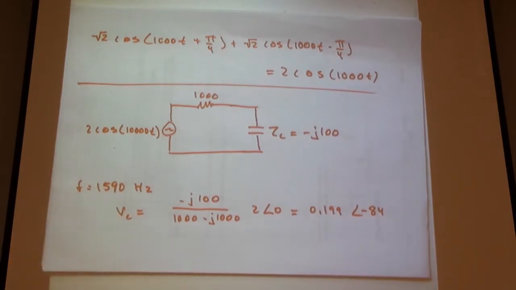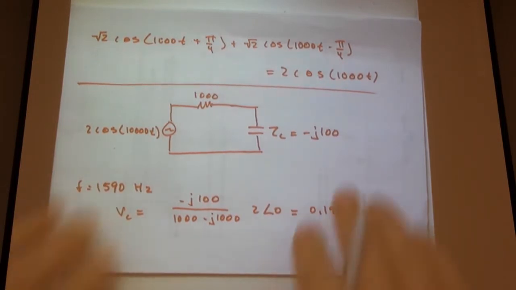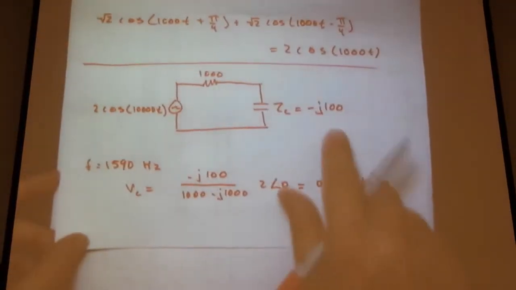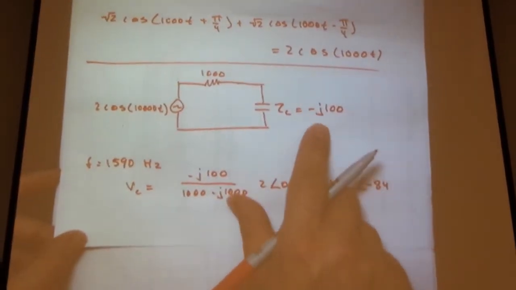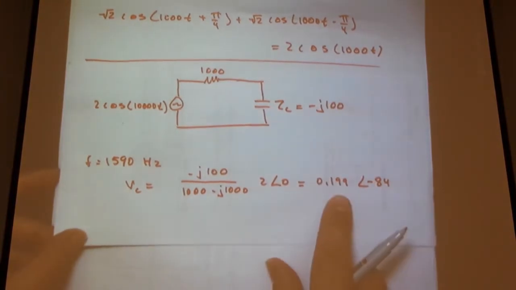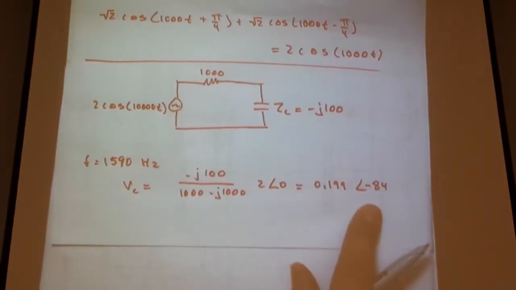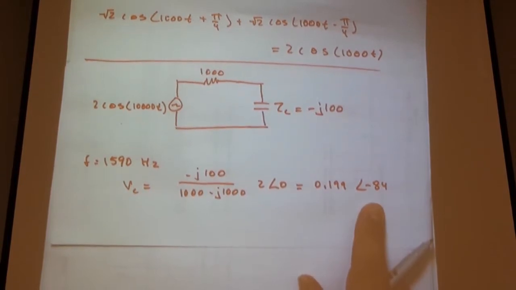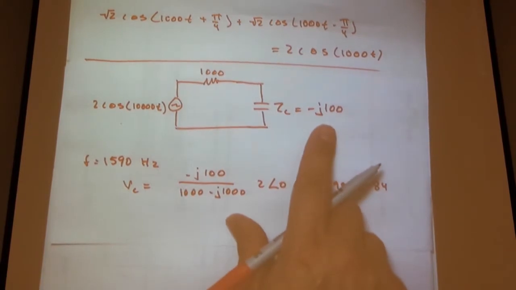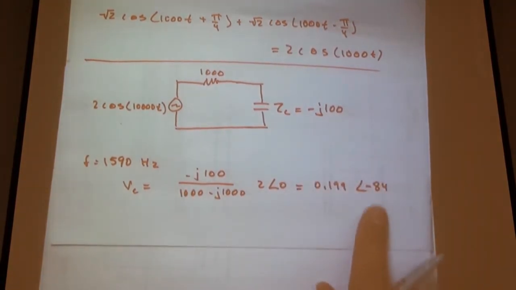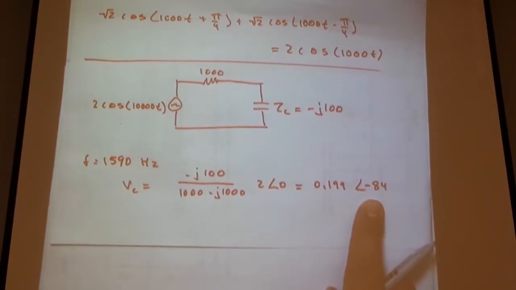Now on the same token, we had some rules here we can look at. If I keep increasing frequency, this term is going to get smaller. It's maybe worth noting what's going to happen to this term. As frequency increases and this gets smaller, where does this go? Minus 90.